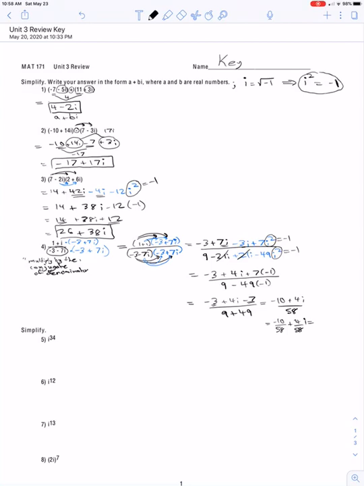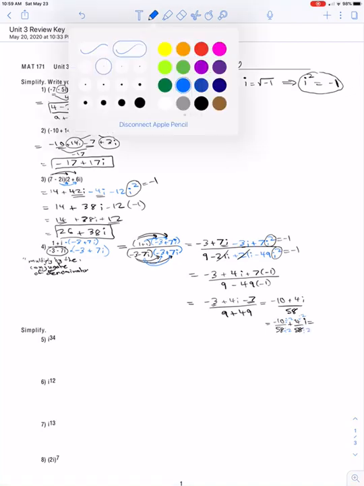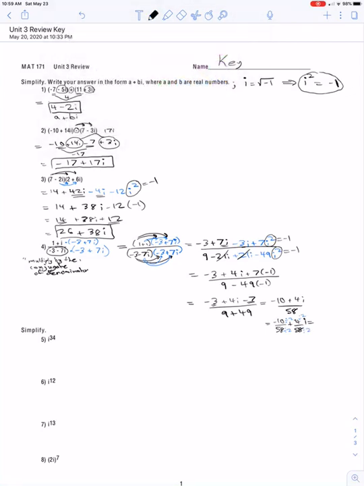Well, we can divide out the common factor of 2. We can divide a 2 into both. So we can go ahead and reduce these two fractions. Negative 10 divided by 2 is negative 5. 58 divided by 2 is 29. And 4 over 58 reduces to 2 over 29.